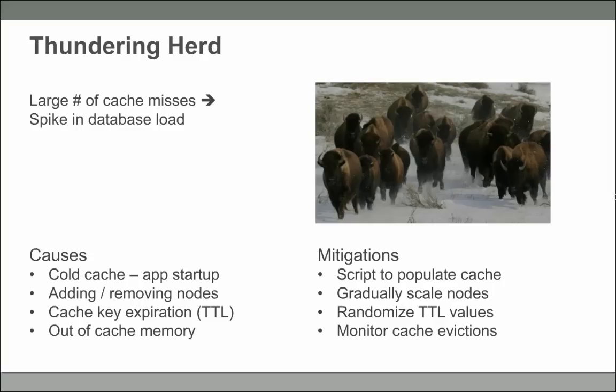Because if that happens, then you might have that thundering herd problem. Now, as we saw on the last slide regarding evictions, if the number of evictions is going up, then you should consider growing your memory capacity allocated to caching.